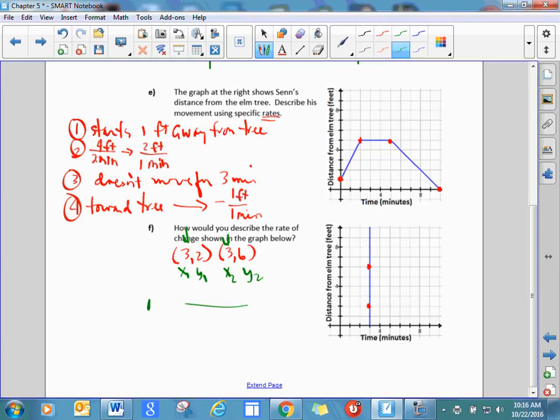But let's just go ahead and plug them in. So y2 is 6, y1 is 2, x2 is 3, x1 is also 3, and you get 4 over 0. You can't divide by 0, so the slope is undefined. So this situation makes no sense. This situation is not possible, is I think the way I put it.